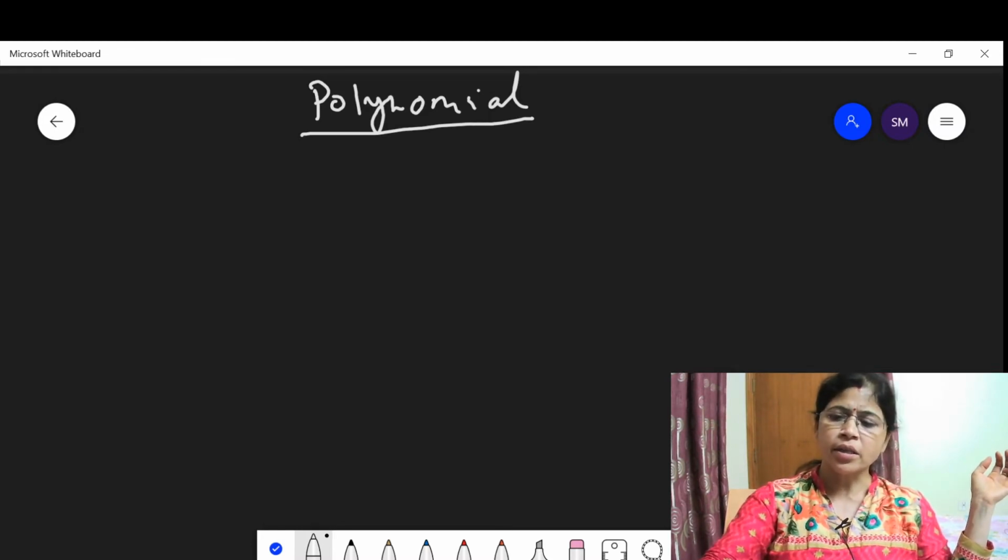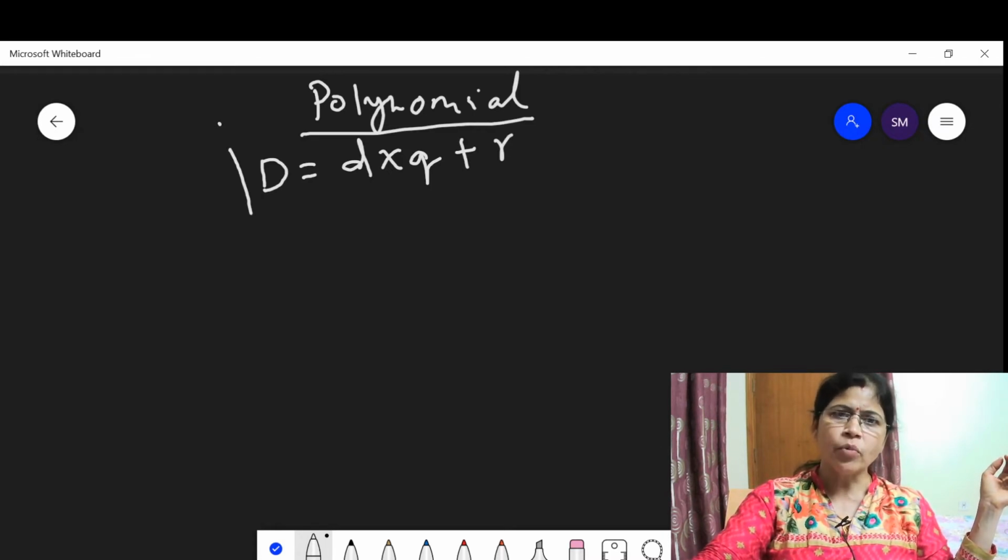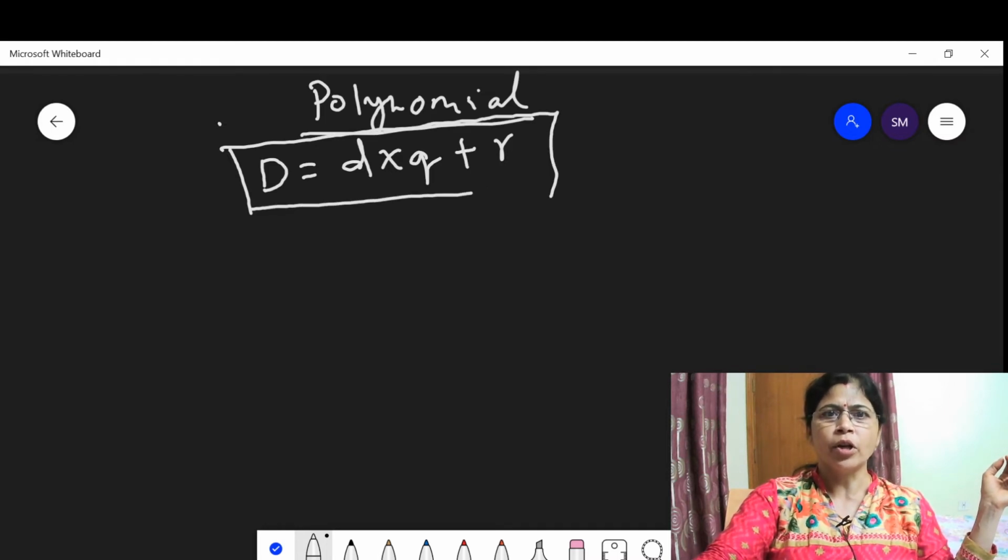In my last class we discussed the division algorithm, which, as you know, says that dividend is equal to divisor into quotient plus remainder. In the same way, the same division algorithm is also applicable for polynomials.